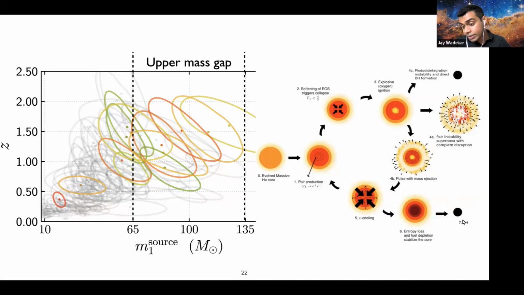Below 50, you get a remnant. Above 150, you get a remnant, but in between, you don't get a remnant because the pair instability supernova goes off. So this has been an interesting thing to probe in data, and it is interesting that we have found some of these new events in this regime. We are further following up with a population study of these events.